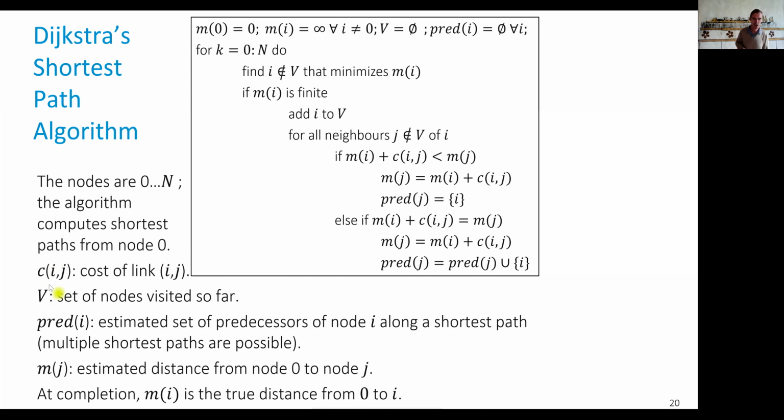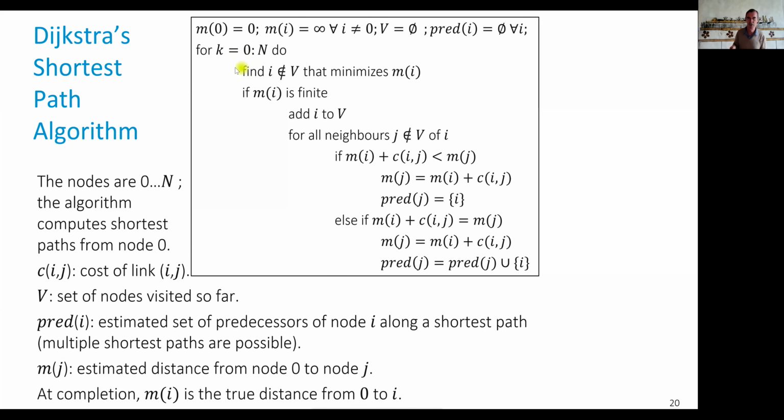And then we have a working set, V, which is the set of nodes that have been visited so far by the algorithm. The predecessor of i, at this current stage of the algorithm, is the predecessor of i on the route from 0 to i. M of j is the estimated distance from node 0 to some node j or i.